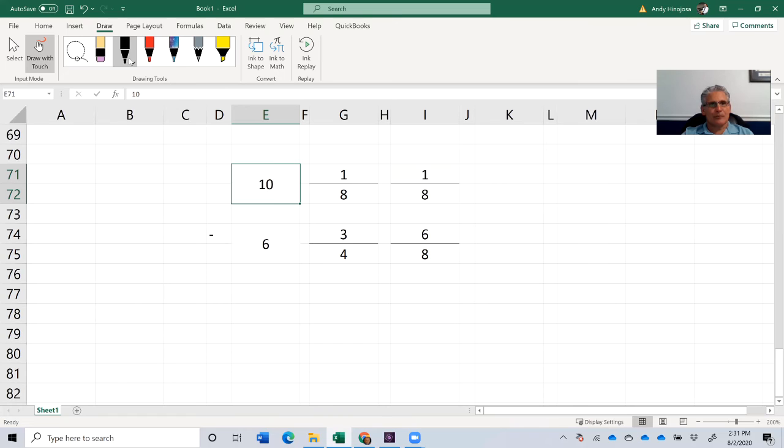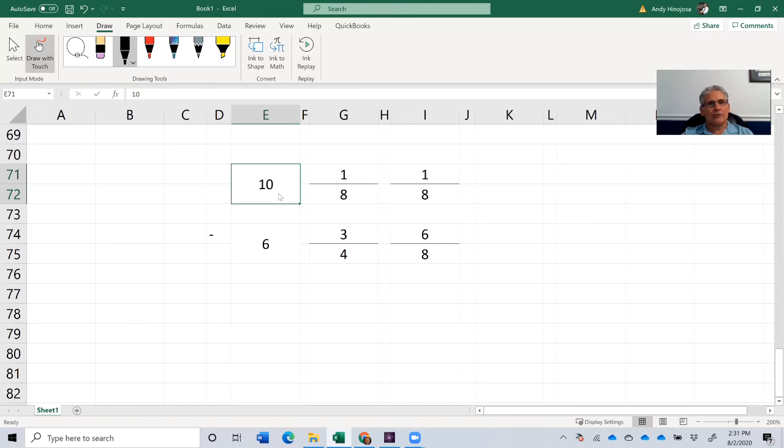We need to take a whole number from 10, and we're going to add that whole number to the 1/8 to make it larger, and then we can use it as a way of subtracting the 6/8 from that.